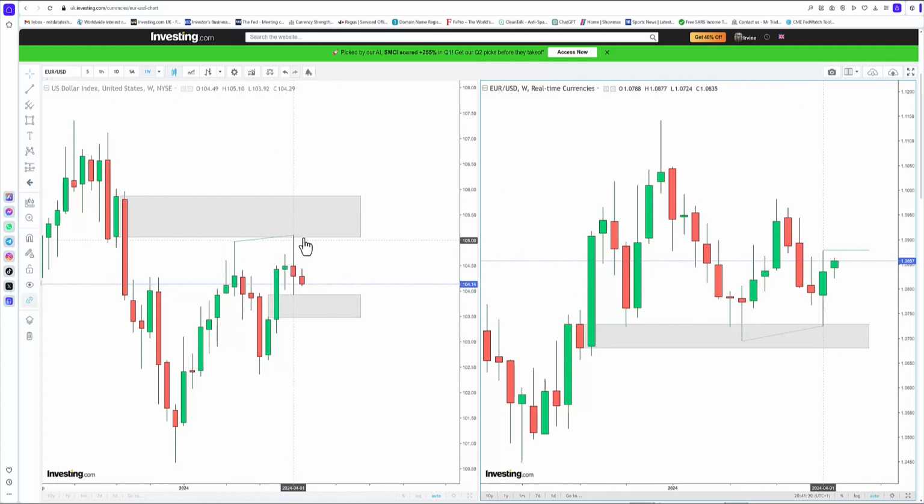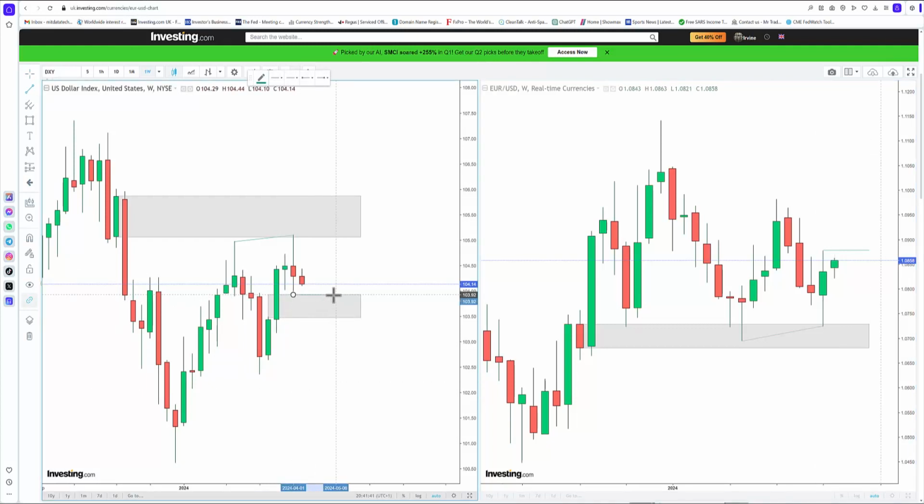So with us anticipating lower prices on dollar index, last week's low becomes your initial target for shorting opportunities, right? You'll be targeting price to trade below last week's low and potentially fill up this whole imbalance here on dollar index.